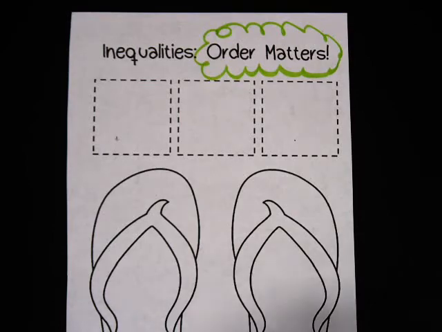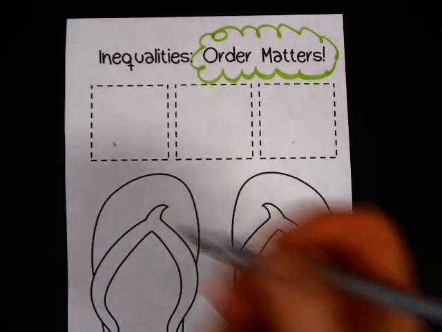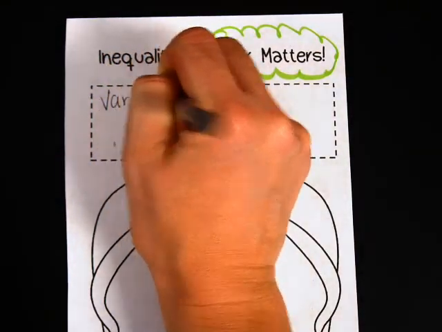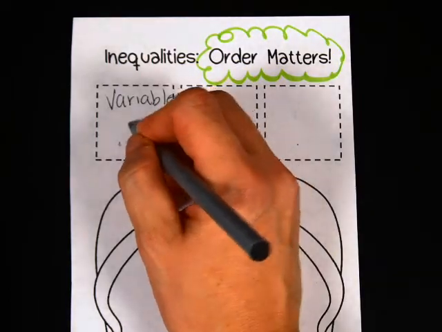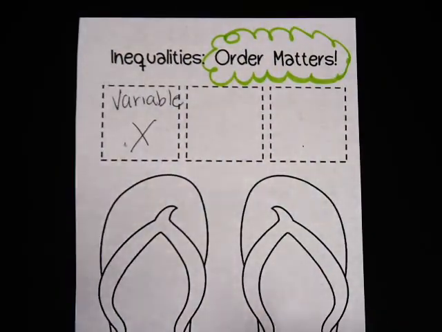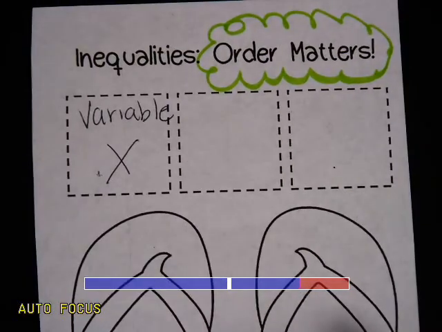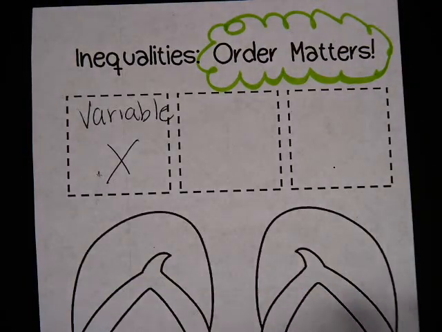Okay, so the order that we really want as mathematicians is we want the variable first. We want the variable first, which can be X, can be G, can be Q, it can be anything on this planet, but we want the variable first. I like to pick X because it's the most common and you've seen me use it a lot.